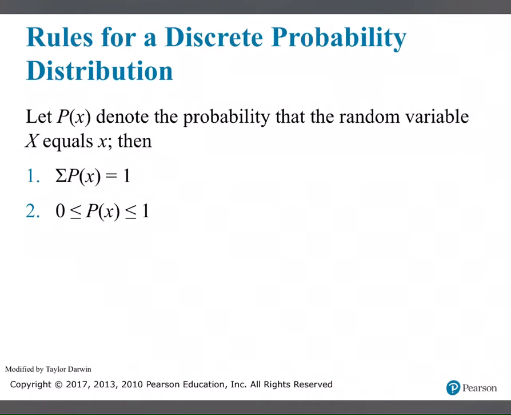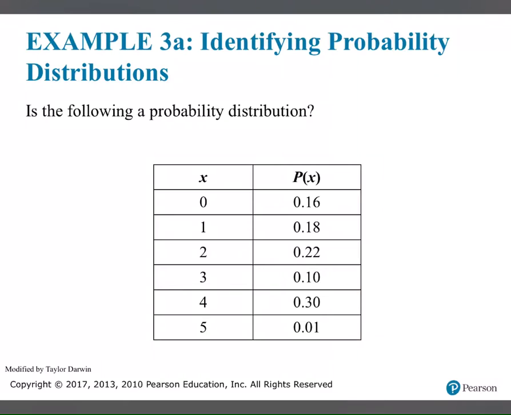A couple things you need to know about probability distributions, and they're the same rules as Chapter 5, and there's only 2 of them. The probabilities need to add up to 1 whole or 100%, and all the values need to be somewhere between 0 and 1. So I want to see if this is a probability distribution.